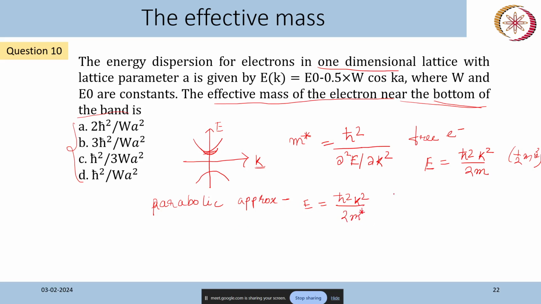If you take the first derivative with respect to k, this is one dimensional, so I can directly write dE by dk, but let me write it this way.